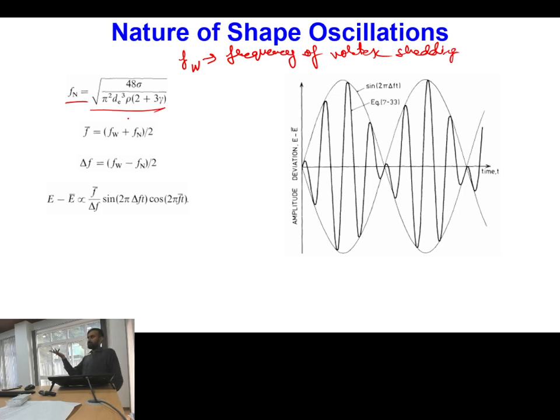The natural frequency of the droplet depends on its density, viscosity, surface tension, etc., which is calculated here. Then we calculate a frequency F bar, which is (Fw plus Fn) by 2, and another frequency delta F, which is (Fw minus Fn) by 2. Then the deviation in the shape of the bubble, where E bar is the mean aspect ratio.